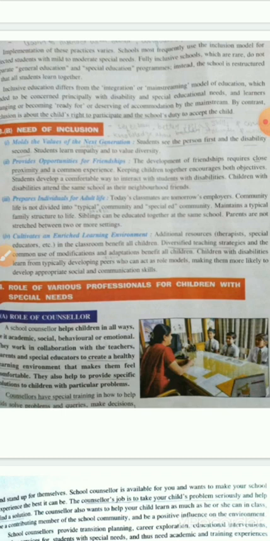not their disability. Provide opportunity for friendship. The development of friendship requires close proximity, close contact, and a common experience. Keeping children together encourages both objectives. Students develop a comfortable way to interact with students with disability.